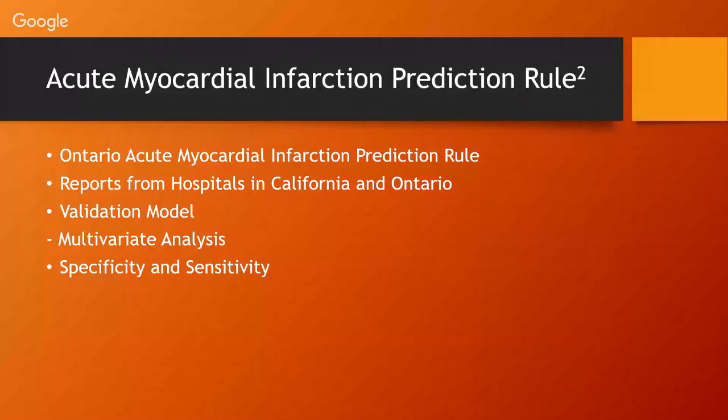The impact analysis, or the results of the study, were positive. There was a significant correlation between the specificity, or the observed mortality rates from the reports, and sensitivity, or the predicted mortality rates of the study.